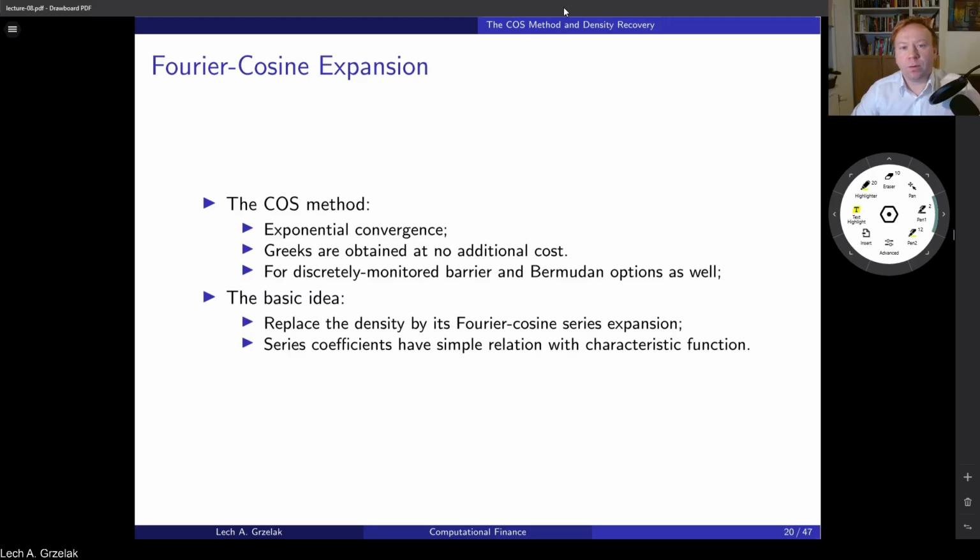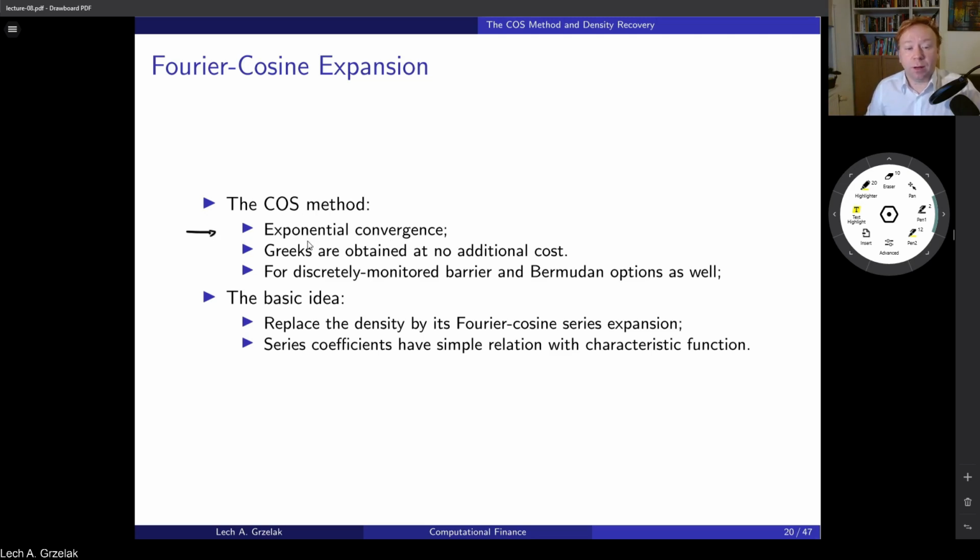There are a few takeaways once we talk about the COS method and why it is very handy and very useful. First of all, it allows for exponential convergence. This means that the COS method is basically an expansion technique, so we don't build a grid like we did for fast Fourier transformation, but we have an iterative process of calculating option prices and also an iterative process in recovering the density.